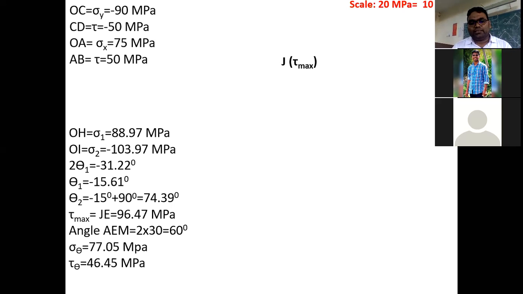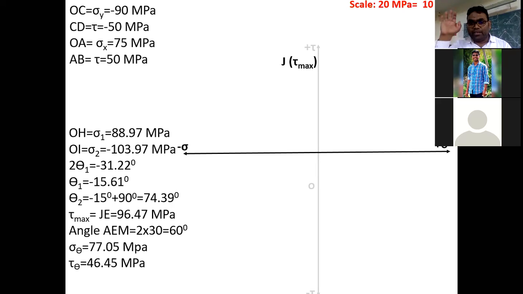Then first you draw the x axis, so this is the x axis, then the y axis, okay, then you put all the corresponding values here. Let's first write OA as sigma x, the value of sigma x is 75.